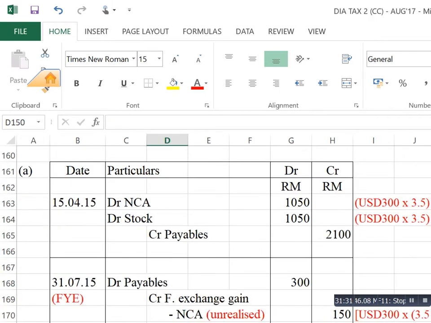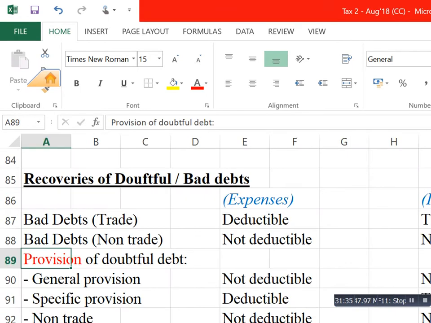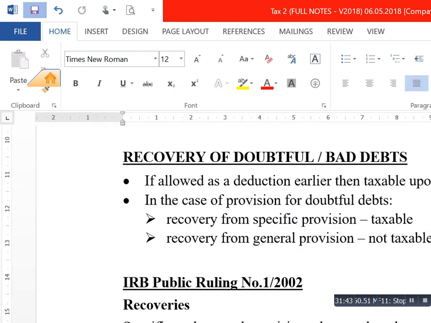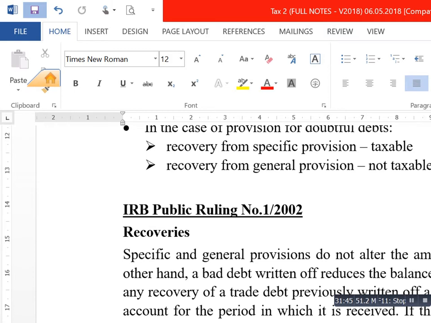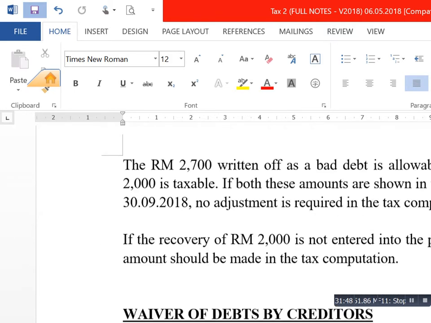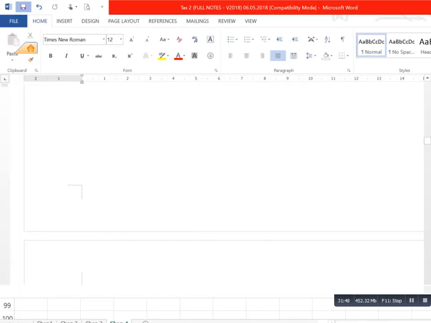I think the example I gave you was when we studied chapter 5, because chapter 5 also has a bad debts topic. So look at your tutorial notes example. Alright, you can also use this example for your better understanding.